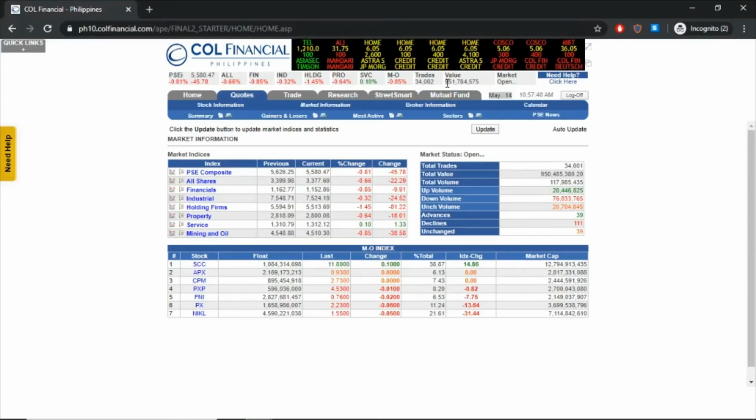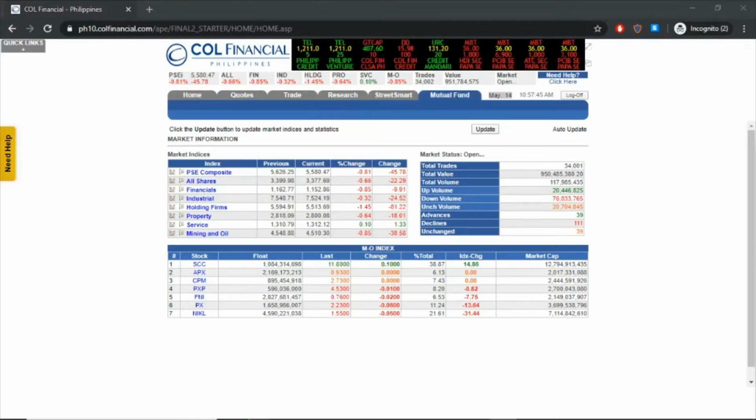And we also have here the value tab, which contains the money, also known as the value turnover. We can see in this example that we have at least 951 to 956 million. I think it's million here.